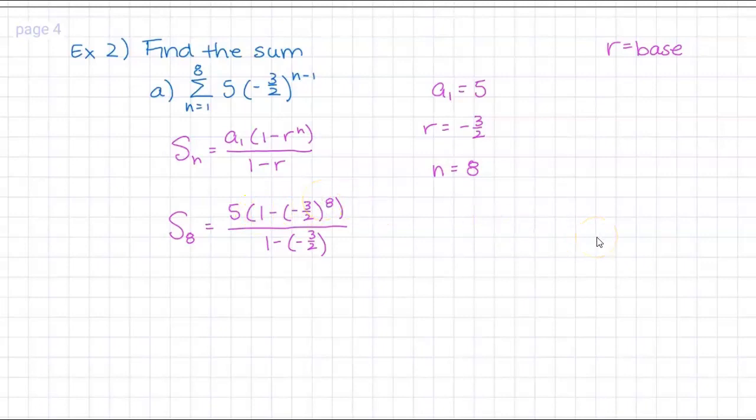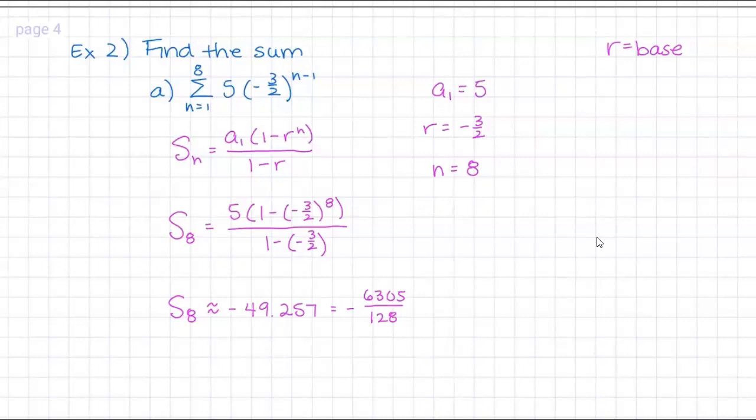But when you plug this into the calculator, and again, it's going to be fine if you use a calculator on this homework, I get this decimal answer of 49.257. However, this is equal to a fraction, which is negative 6,305 over 128.